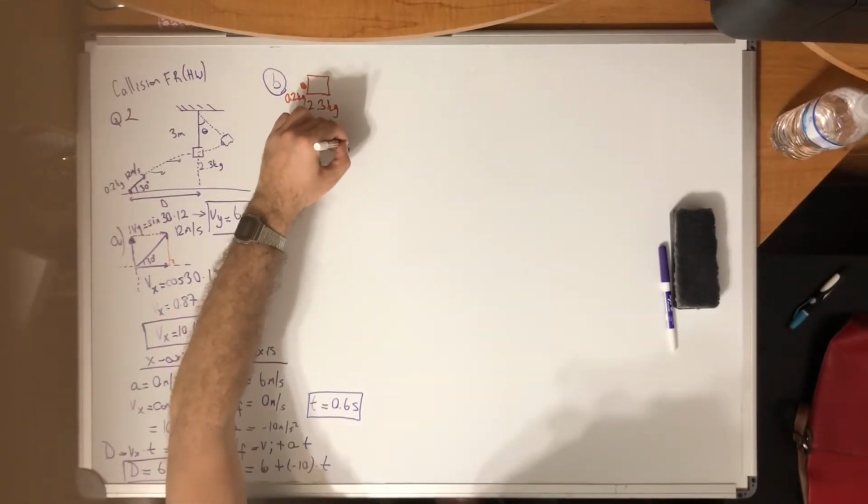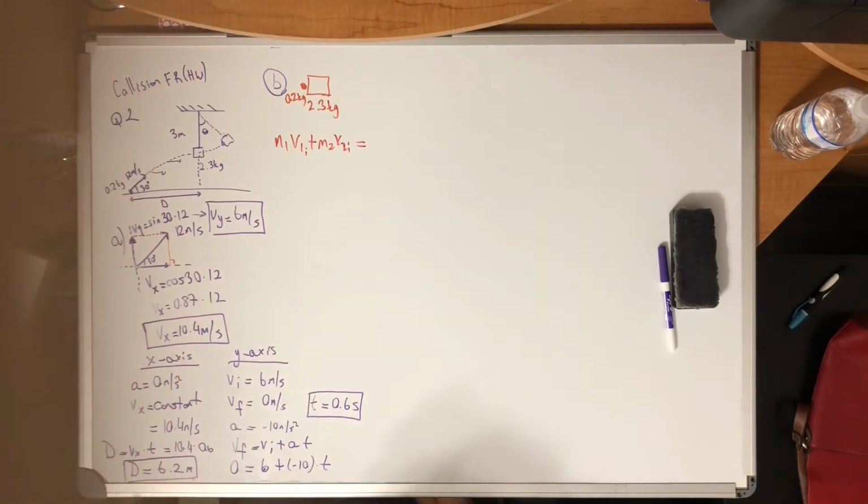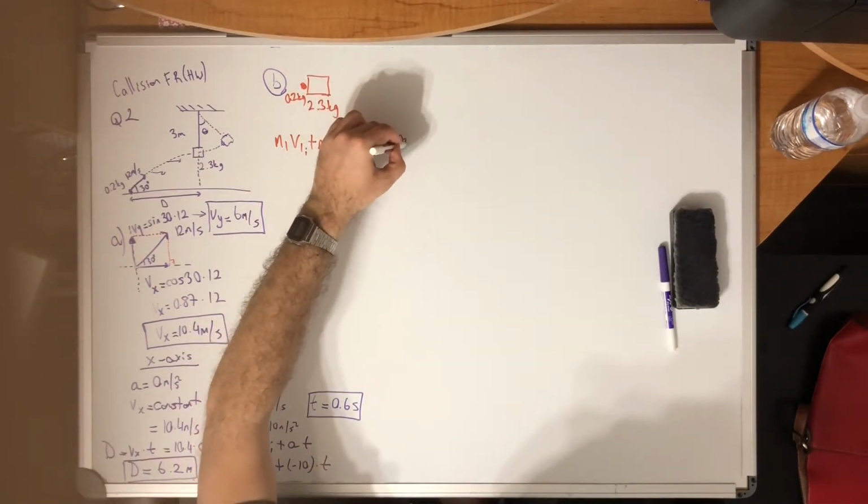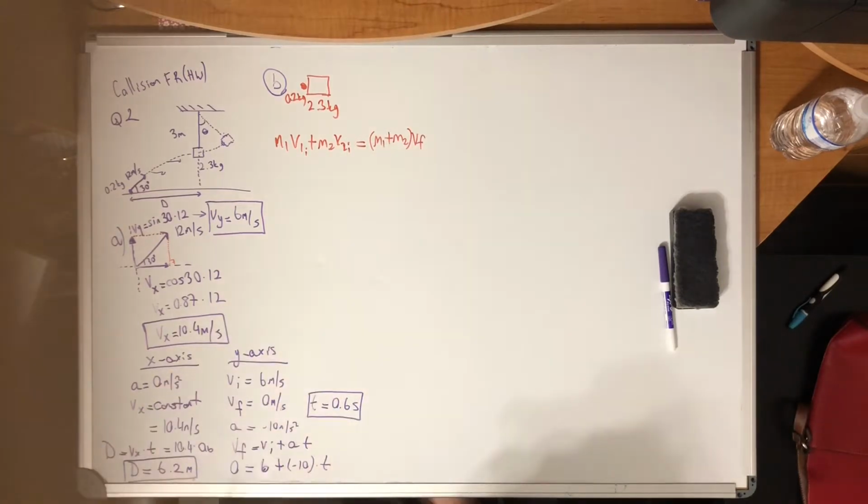Then M1V1 initial plus M2V2 initial must be equal to, since they are hitting and sticking together, we are going to have a common velocity for both of them, and that is going to be the conservation of momentum equation for us.